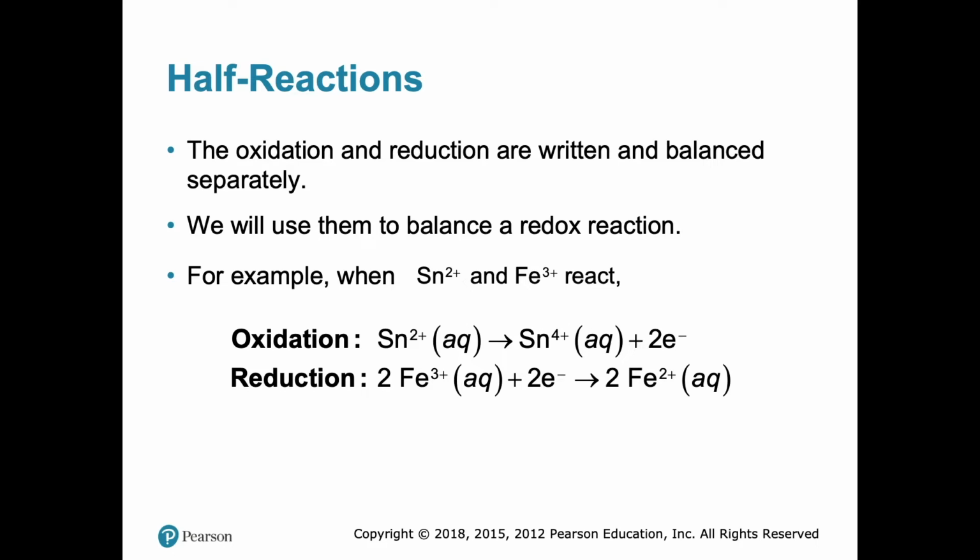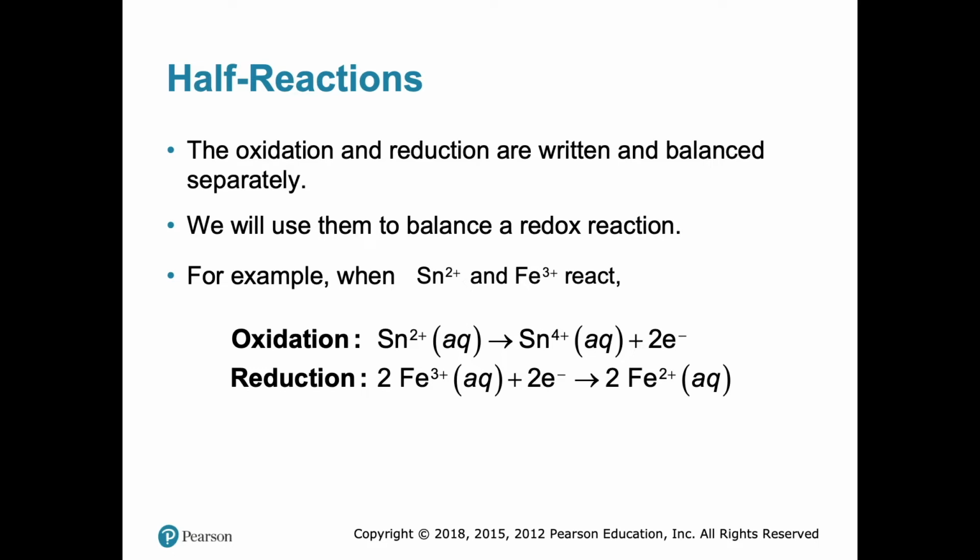So for example, when tin 2 and iron 3 react, the half reaction has tin losing electrons. So tin 2 becomes tin 4 plus 2 electrons. And in the reduction part, iron 3 gains those 2 electrons and becomes iron 2.